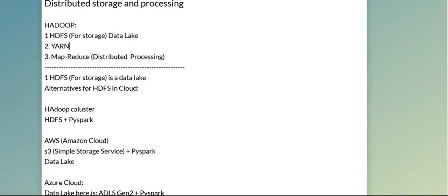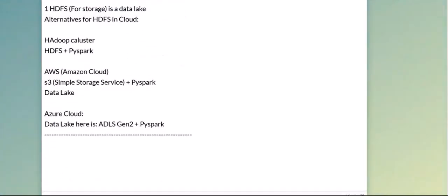Yarn is for resource managers. We will talk about it in module 8 or module 9. MapReduce is for distributed processing. But since we are about to end up with the storage part, I thought it better to give you an idea about these data lake services.